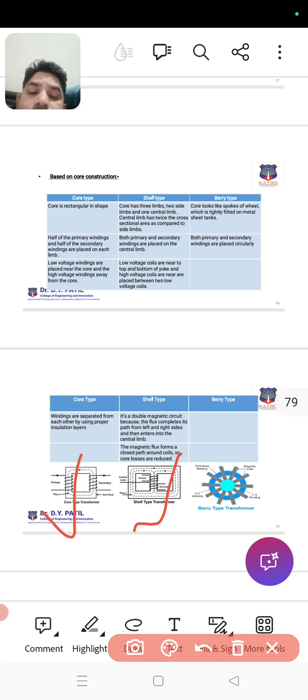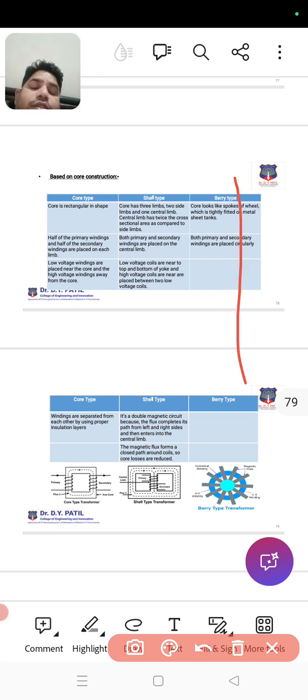The winding is on the middle limb only in the shell type, and the primary and secondary coils are wound there. It is a core type with only one window. In the shell type you can see two windows, and all those comparisons are already given, you can read there.